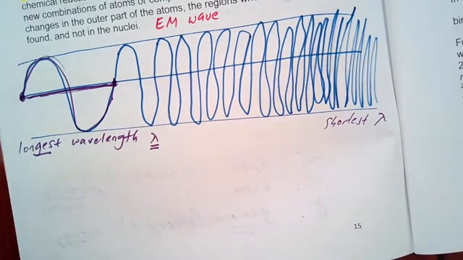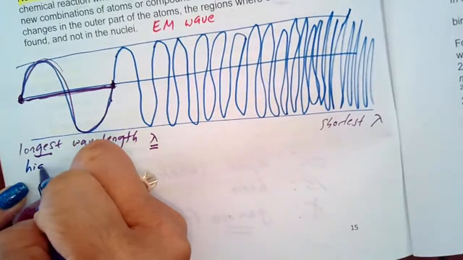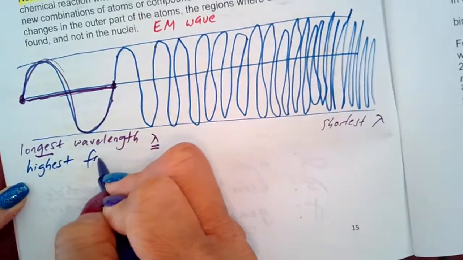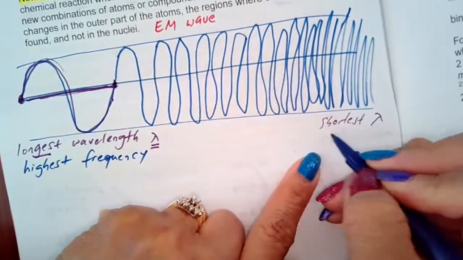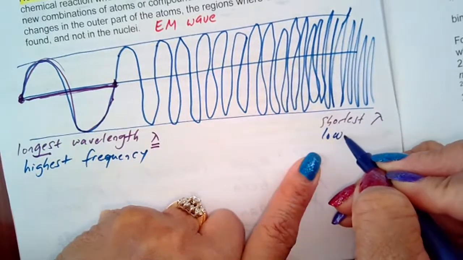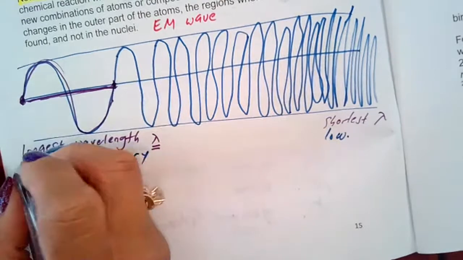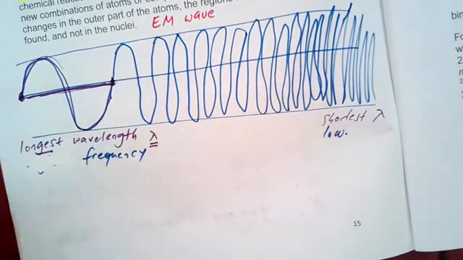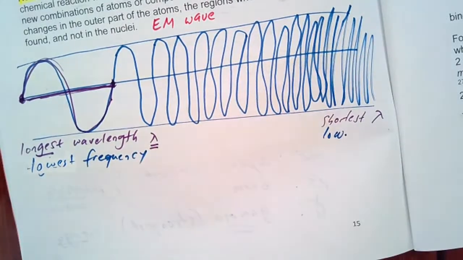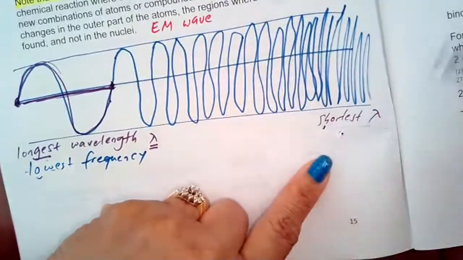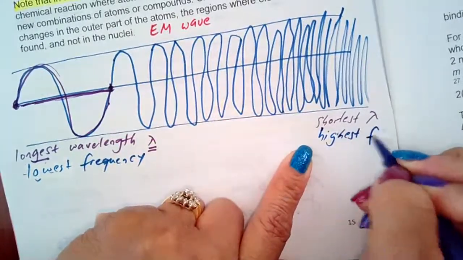So this is the shortest wavelength with the highest frequency. And this would be the one with the lowest frequency, and this is the highest frequency.